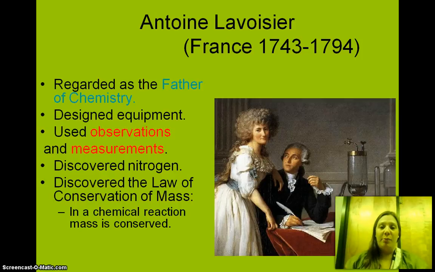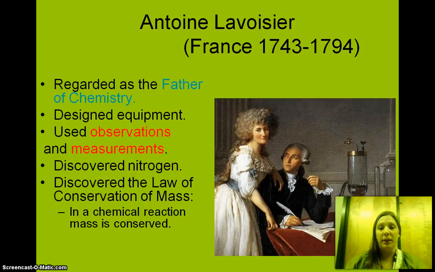And another very important chemist, he's actually the father of chemistry, is Antoine Lavoisier. And in the 1700s, what he did was he took science from a qualitative to a quantitative process. So qualitative means you're looking at observations. Quantitative is when you're using numbers.